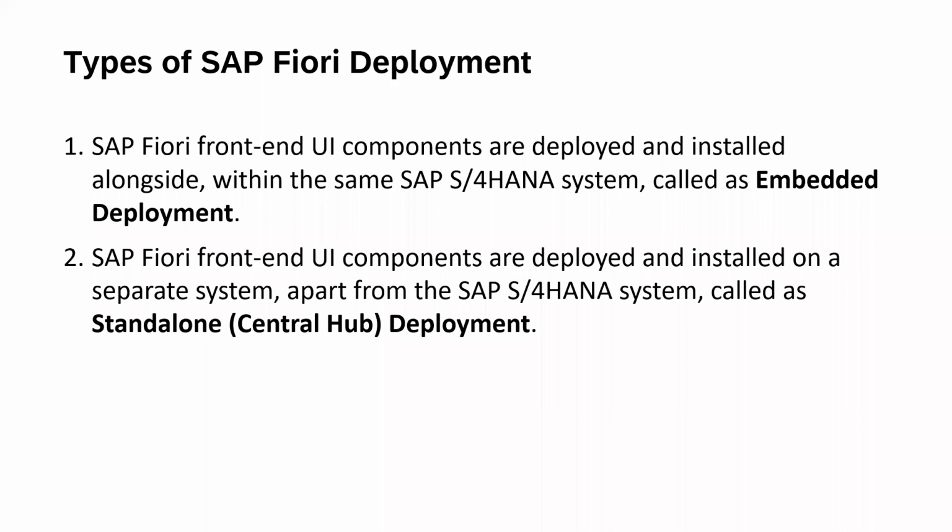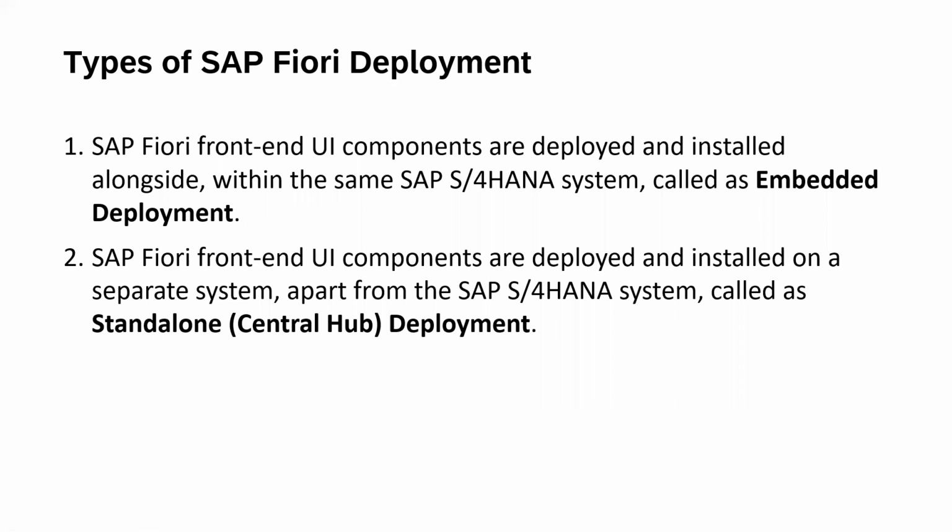So what happens in an embedded deployment? Here the SAP Fiori front end user interface components are deployed and installed alongside, within the same SAP S/4HANA system. It means the Fiori apps that you will be using, referred to here as the front end user interface component, are deployed and installed within the same SAP S/4HANA system.